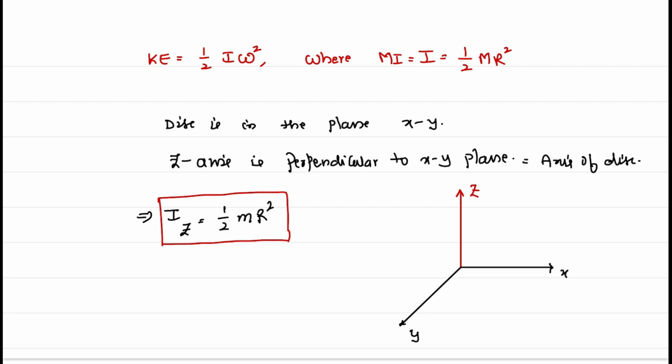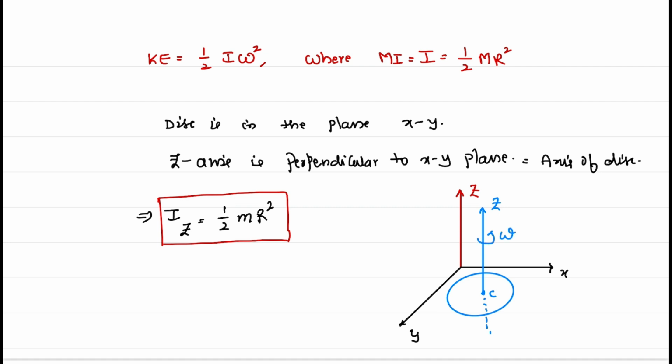And our circle is like this, rather I can say the disk is like this, and its axis is perpendicular to the xy plane. Sorry, let us draw it perfectly. Perpendicular to the xy plane. This is parallel to the z axis, and this is the center, and it is rotating about this axis.